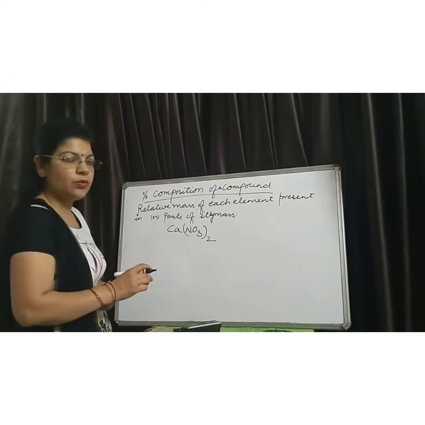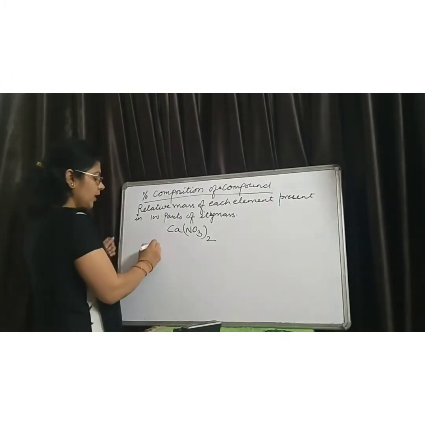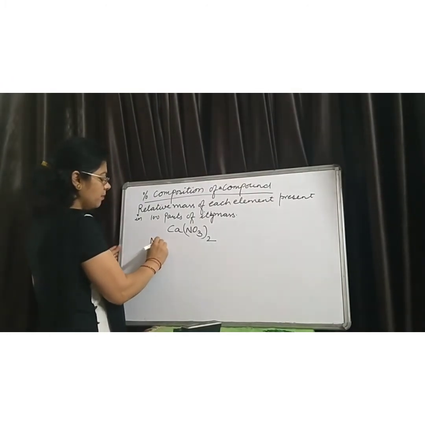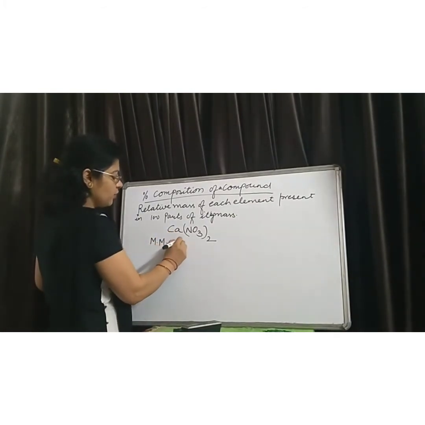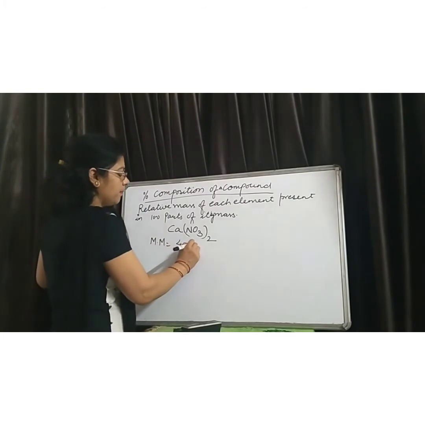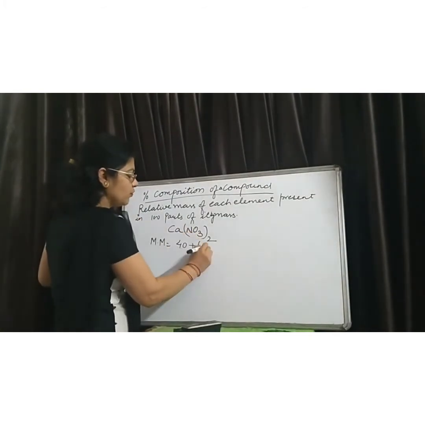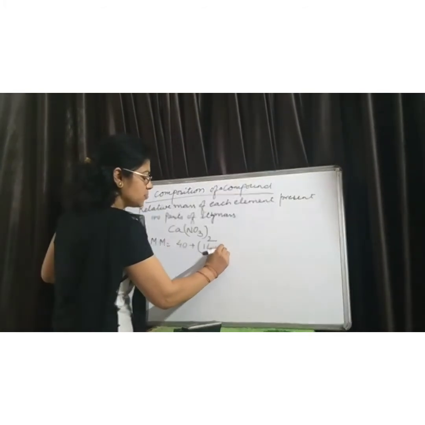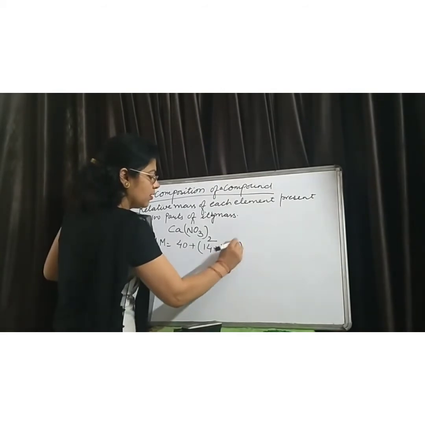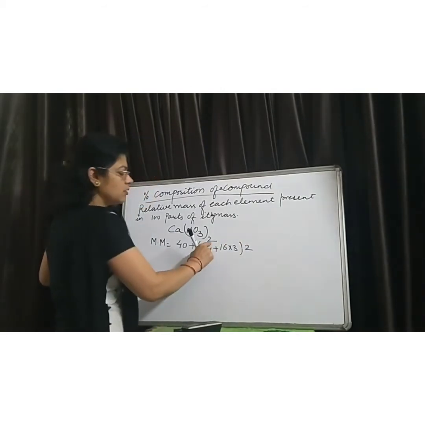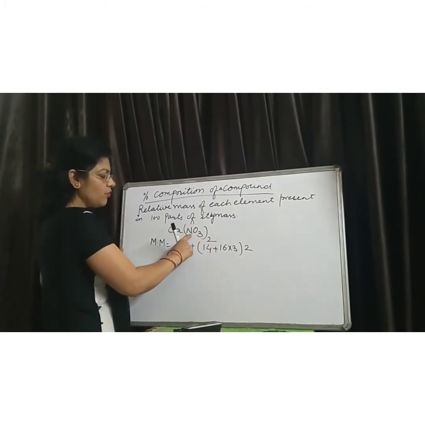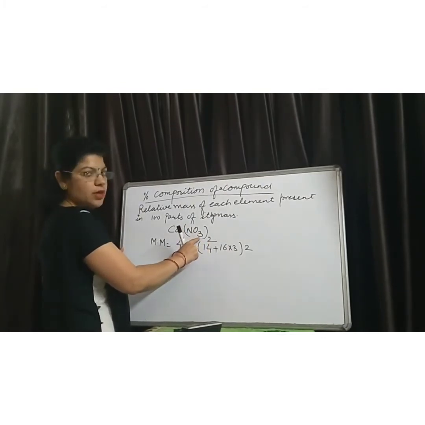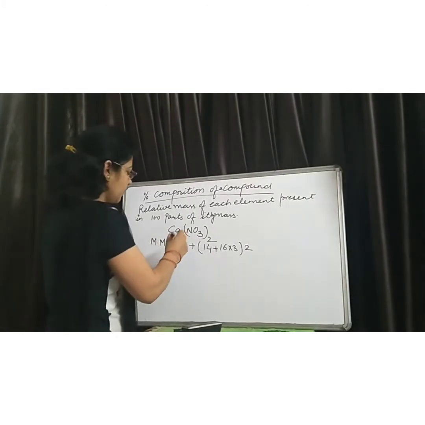How will we calculate? First of all, we calculate its molecular mass. For its molecular mass, the mass of calcium is 40 plus mass of nitrogen 14 plus 16 into 3, multiplied by 2. This 2 is multiplied with the mass of nitrogen as well as with the mass of oxygen.